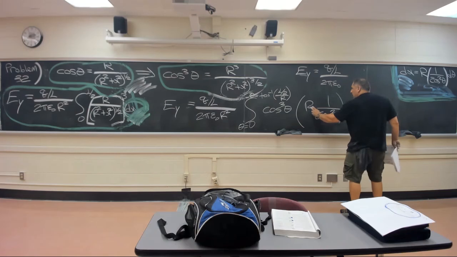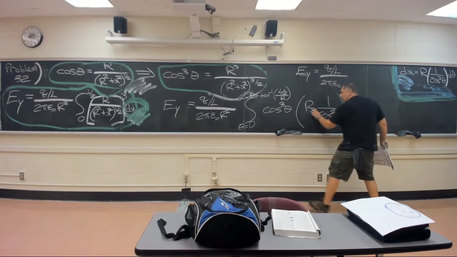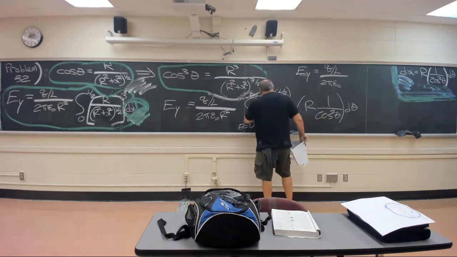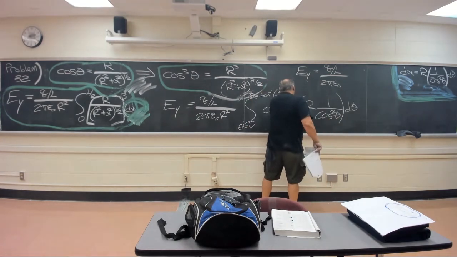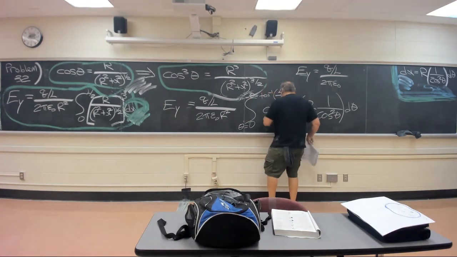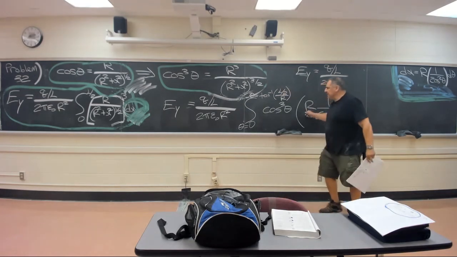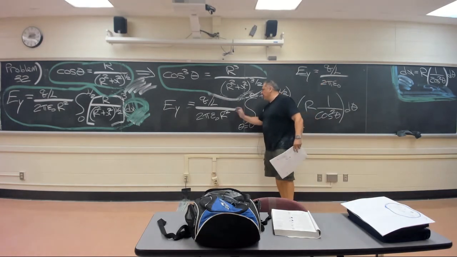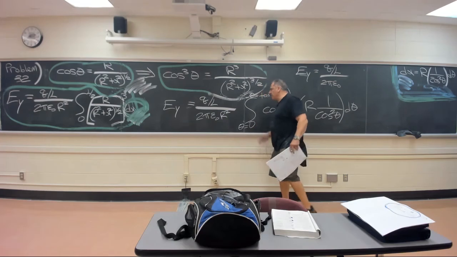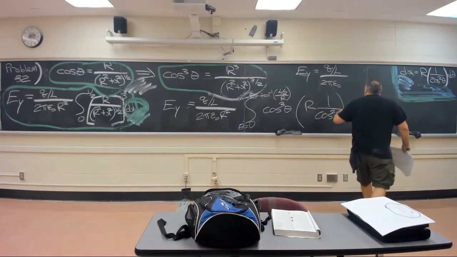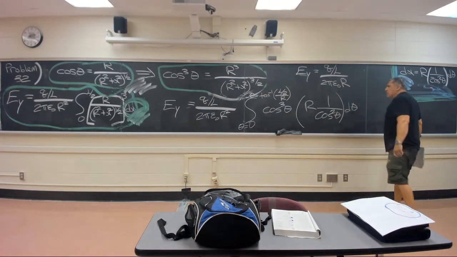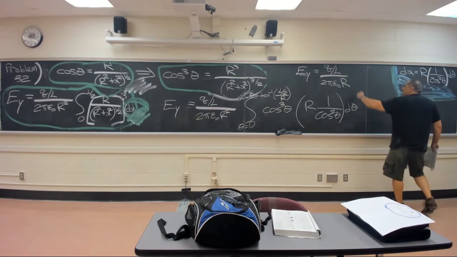Let me pull... See that R right here, guys? There's a capital R right here. Let me pull the capital R out from the integral, put it here. Capital R over R squared, just R on the bottom. So we got this. And then we got this.